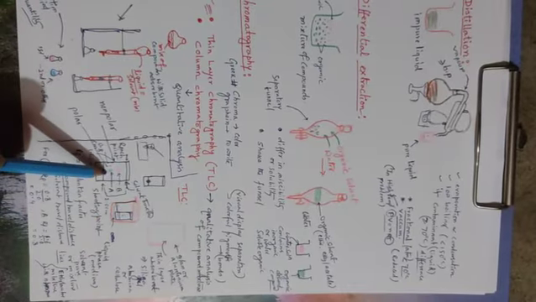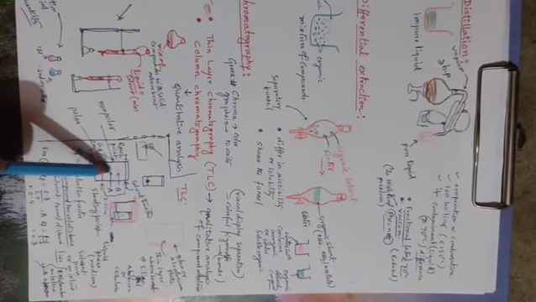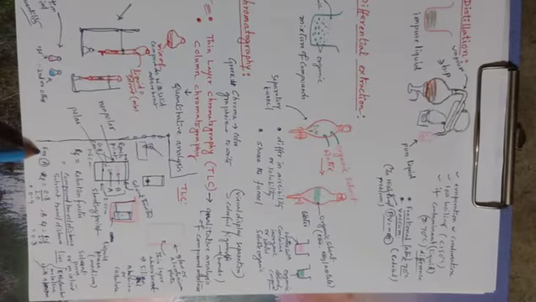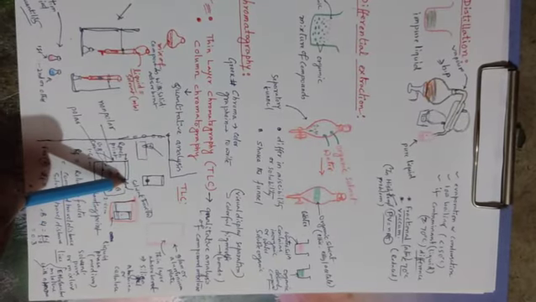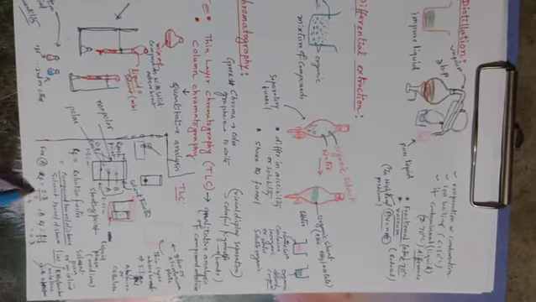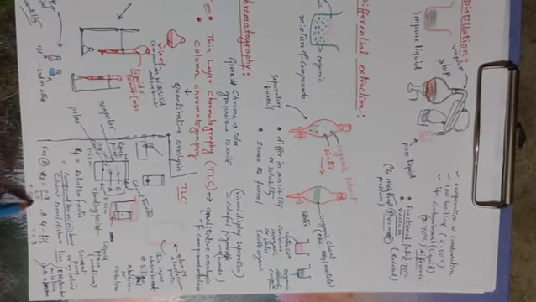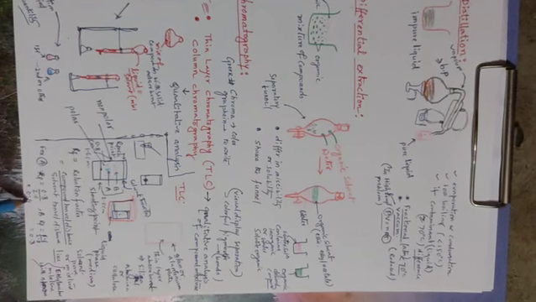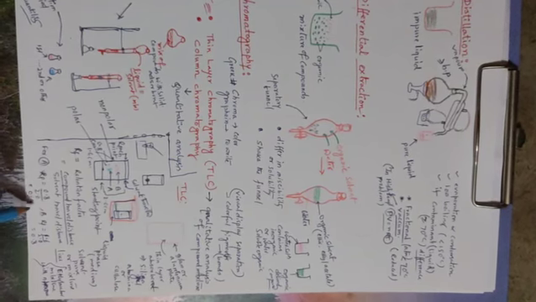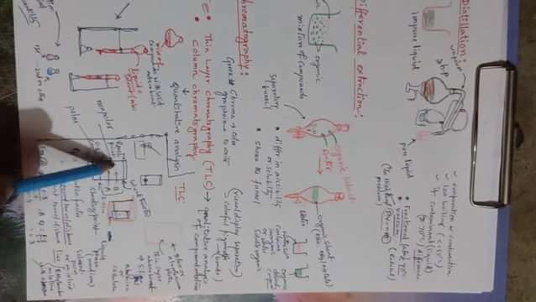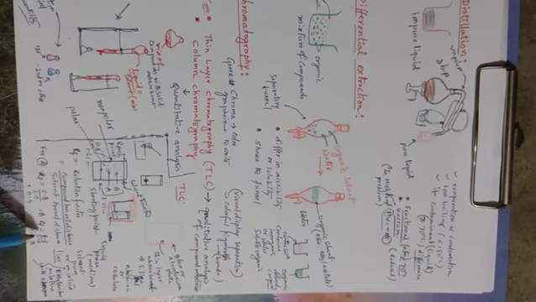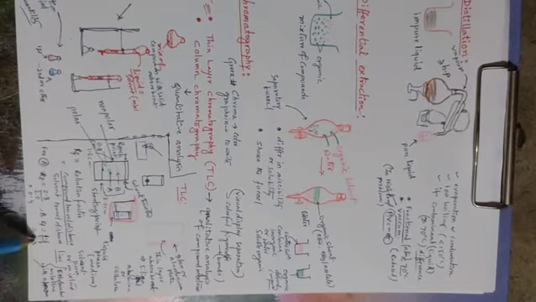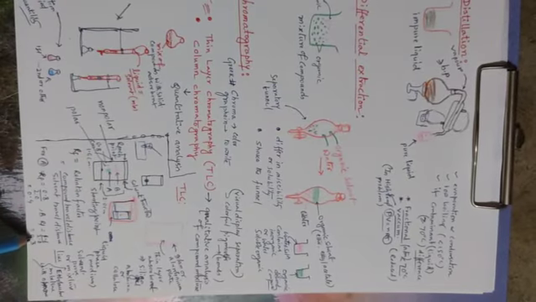So if compound A moves 0.8 centimeter and the solvent reaches 2.0 centimeter, then Rf will be 0.8 by 2.0, so this will be 0.4. And for B, if it is 1.6 and the solvent is 2 centimeter, then it will be 0.8.